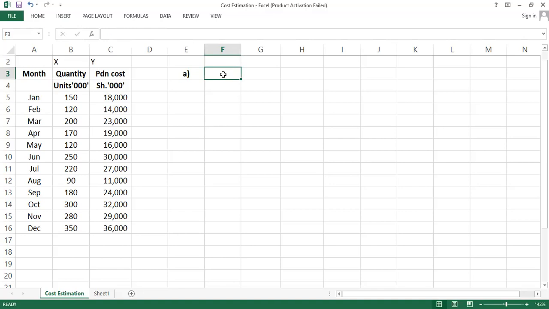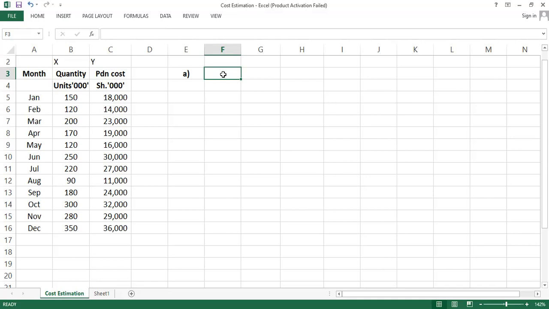So what we want now, first of all, is to correct something in that question. It reads, determine the variable cost per unit and the total variable cost using regression analysis, yeah? It should be determine the variable cost per unit and the total fixed cost, not total variable costs. So it should be under the total fixed cost using regression analysis.